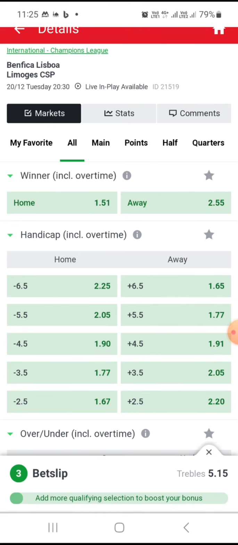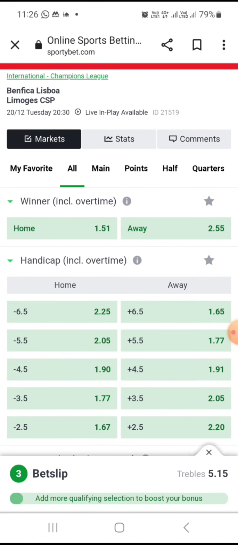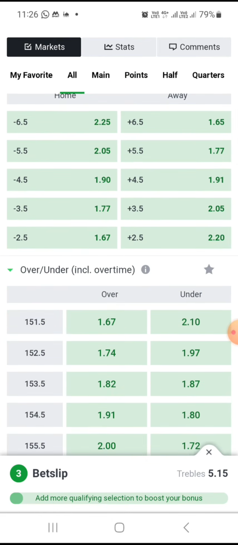Since Benfica has 89 and Lemagos has 76, you subtract them. 89 minus 76 is more than this 6.5. It's up to 12 or so. So giving Lemagos plus 6.5 to win away is very dangerous. Don't do that.